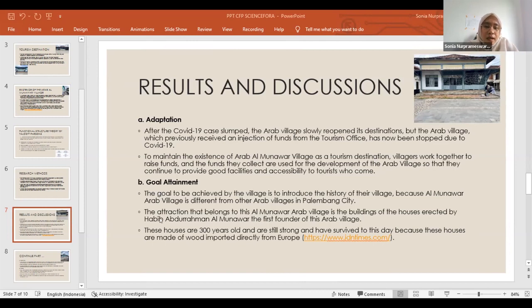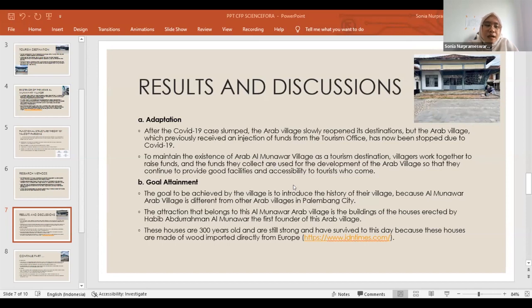Second, goal attainment. The goal to be achieved by the village is to introduce the story of their village, because Al-Munawar Arab village is different from other Arab villages in Palembang city. The attraction that belongs to Al-Munawar Arab village is the buildings of the houses erected by Habib Abdurrahman Al-Munawar, the first founder of this Arab village.